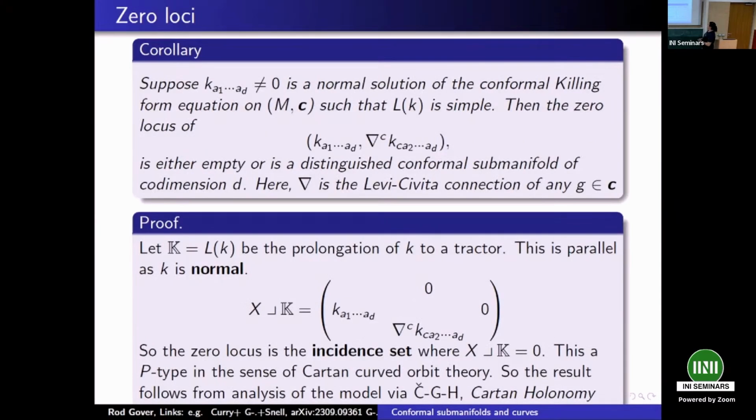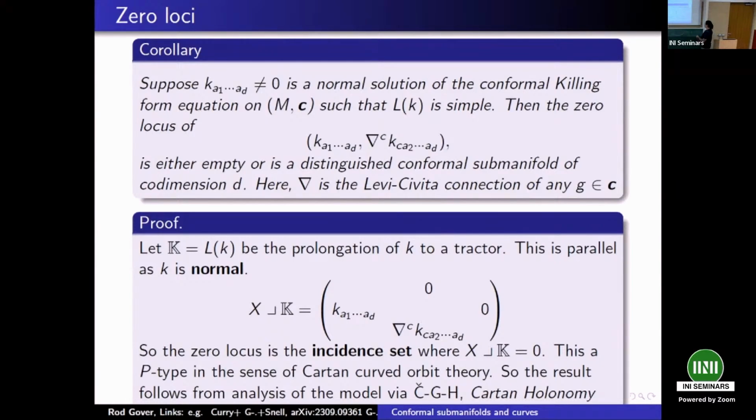Suppose you have a normal solution of the conformal Killing-Yano equation, such that the prolongation to a tractor has to be simple. Then the zero locus of not just the solution, but its solution and its divergence, so those both have to be 0, is either empty or it's a distinguished conformal submanifold of codimension D.